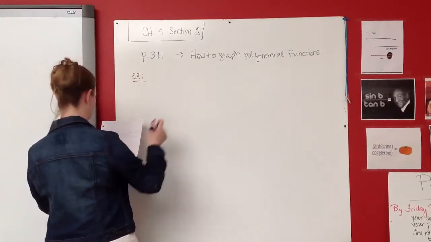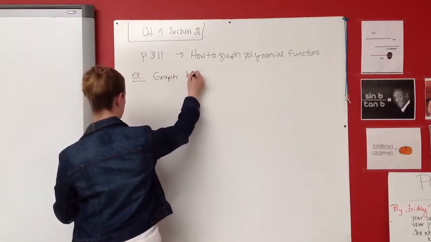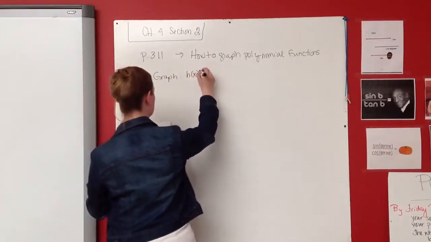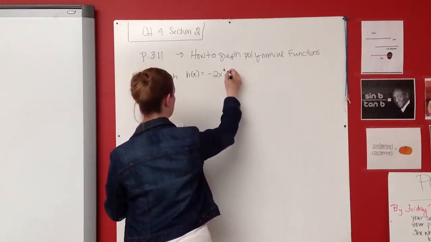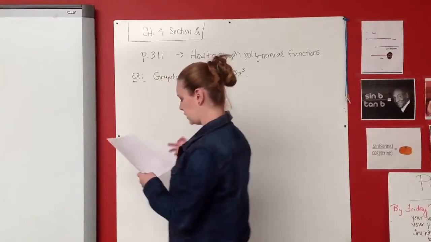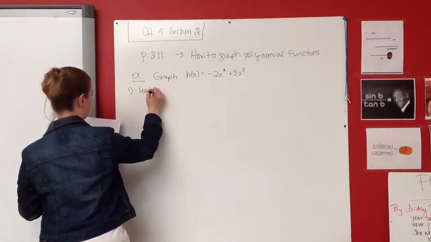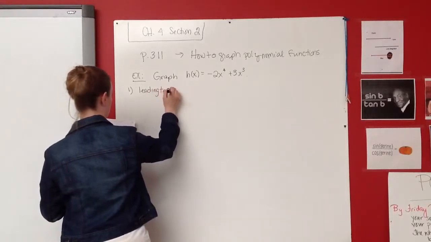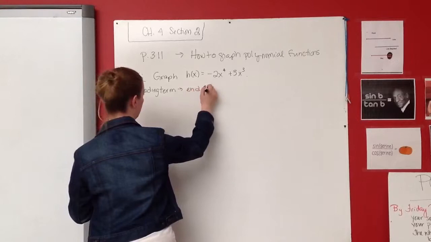So for example, let's say that we want to graph h of x equals negative 2x to the fourth plus 3x cubed. First thing we need to do is to use the leading term test to determine the end behavior of the graph.